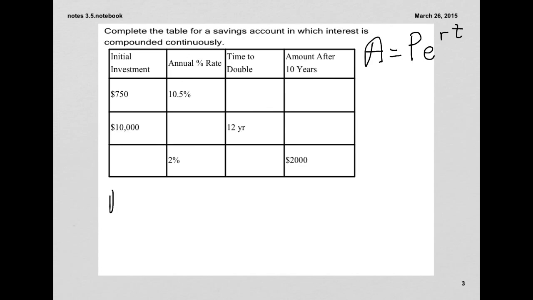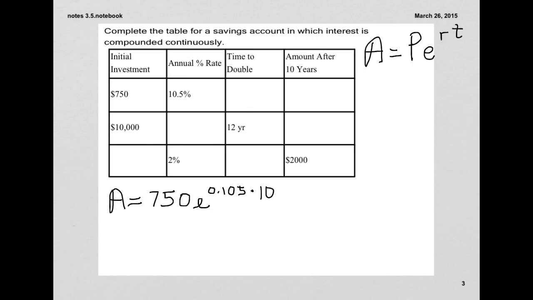So we don't know the amount, but we do know the initial investment, and that's the principal, P. So that's 750. And we know we have our e, and we know the rate is 10.5%, so that's 0.105, changed to a decimal, times the time, which is 10.